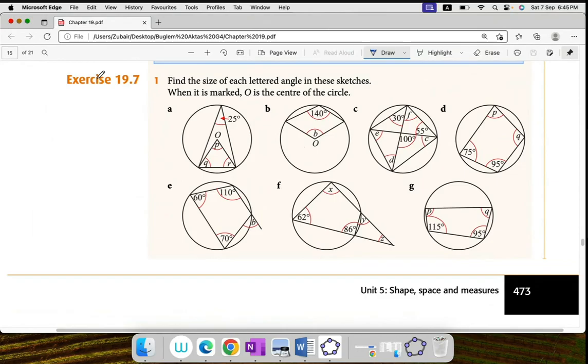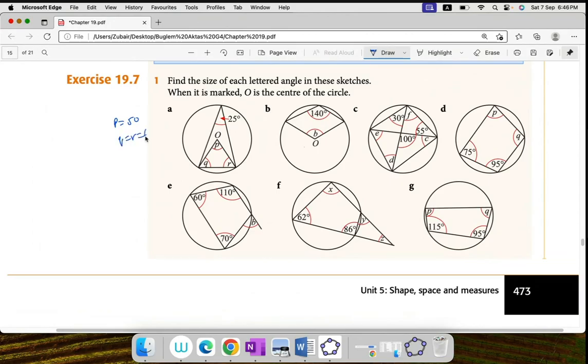Well, P is equal to 50. Then Q and R are equal to 65. P is 50, so you took 180 minus 50 divided by 2, 65. Very good.